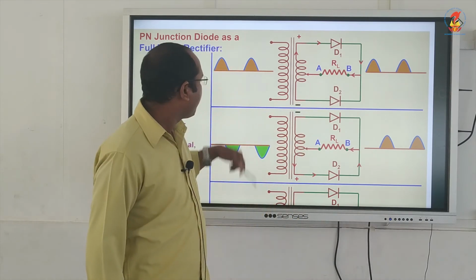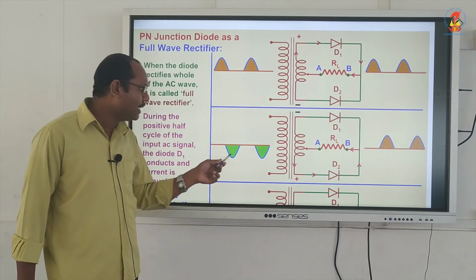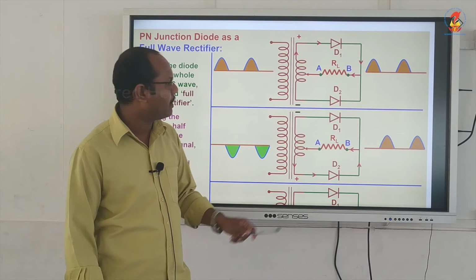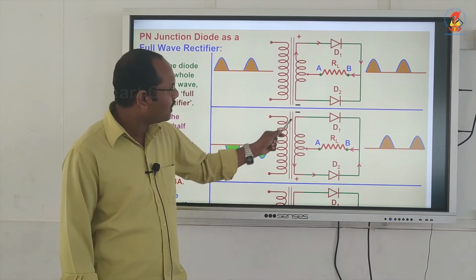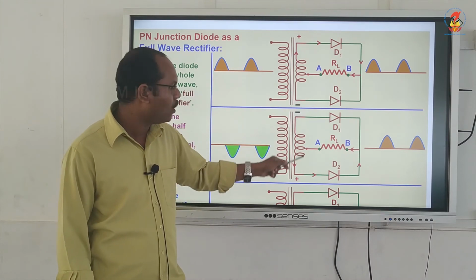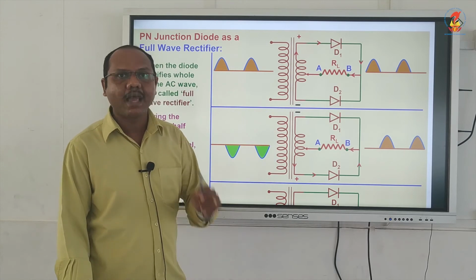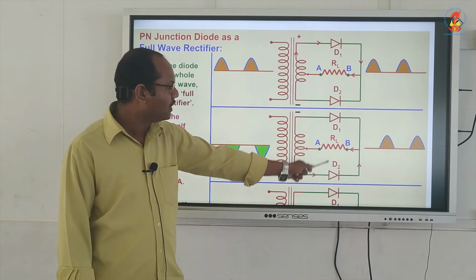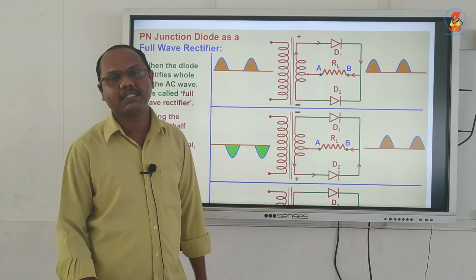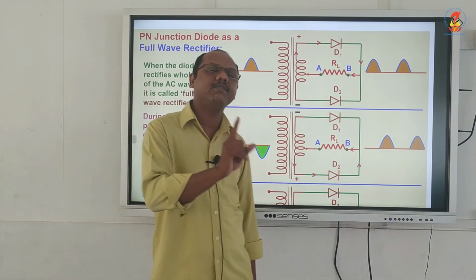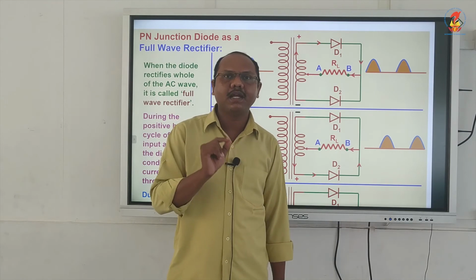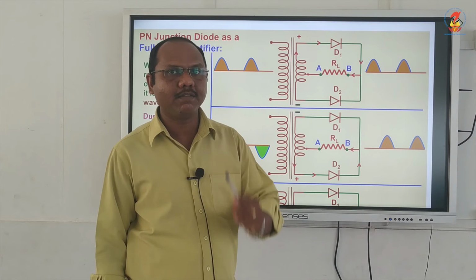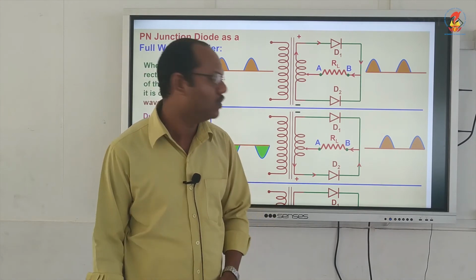Now during the negative half cycle, what will happen? The upper terminal is negative and the lower terminal is positive. As a result, D1 is reverse biased and D2 is forward biased. So no current will flow through D1. The current will flow only through D2.